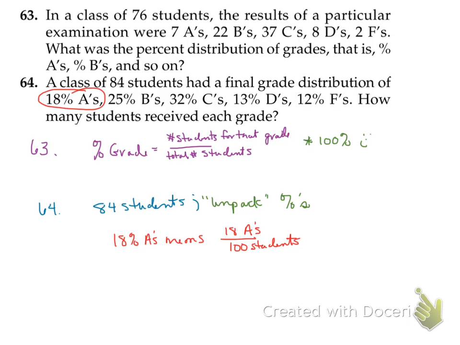So if we start with the first term, 84 students over 1, then we can introduce 18 A's per 100 students. Units of students will cancel. We're left with units of A's.